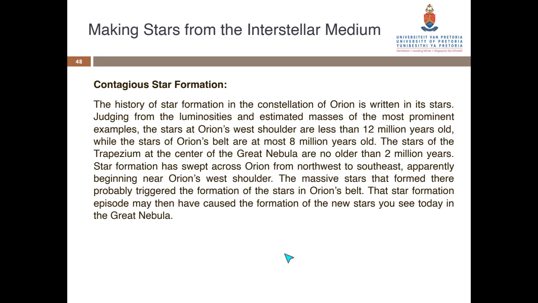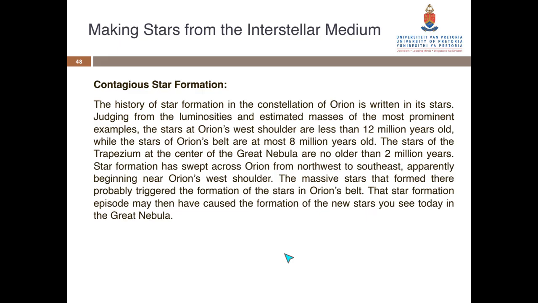So the history of star formation in the constellation of Orion is written in the stars themselves. Judging from the luminosities and estimated masses of the most prominent examples, the stars at Orion's west shoulder are less than 12 million years old, while the stars of Orion's belt are almost 8 million years old. And the stars of the trapezium at the center of the Great Nebula are no older than 2 million years.